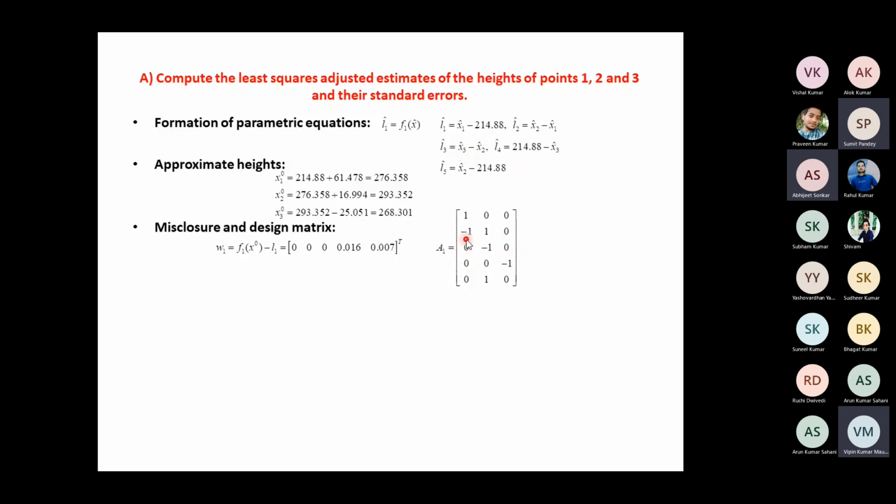The fourth is okay, the fifth is okay, but the third one is wrong. The third element should be x3 minus x2, so it will be minus 1 and 1. Yes. Okay. Is it correct now? Yes, sir. Okay.